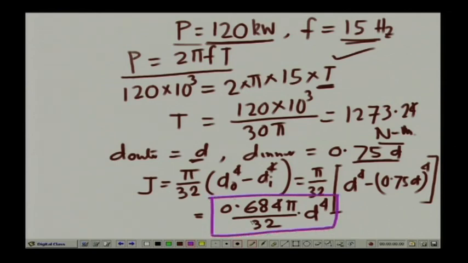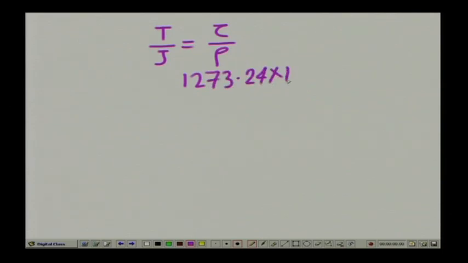Now, as we know that the stress is limited to 45 MPa, T by j is equal to tau by rho. Now, we will have to find out the diameter d. So, here T is 1273.24 Newton meter into 10 to the power 3, so much of Newton millimeter, divided by 0.684, that is what we have computed, times pi times d to the power 4 divided by 32.